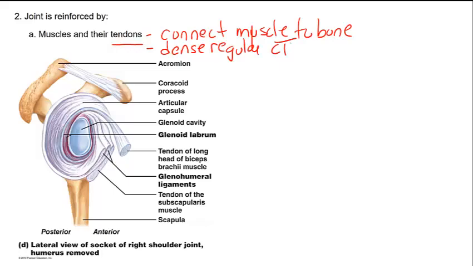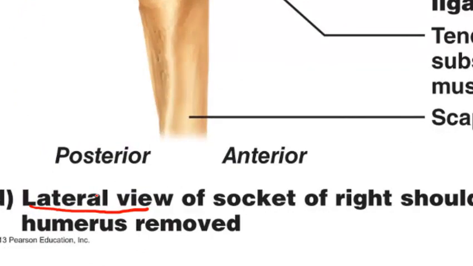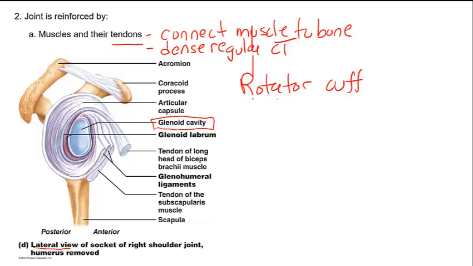So this is a lateral view of the shoulder, and they've removed muscles and other things, and you can see the glenoid cavity here in the center. And what you're looking at here are actually tendons which make up something called the rotator cuff. So the rotator cuff actually consists of muscles and their tendons.